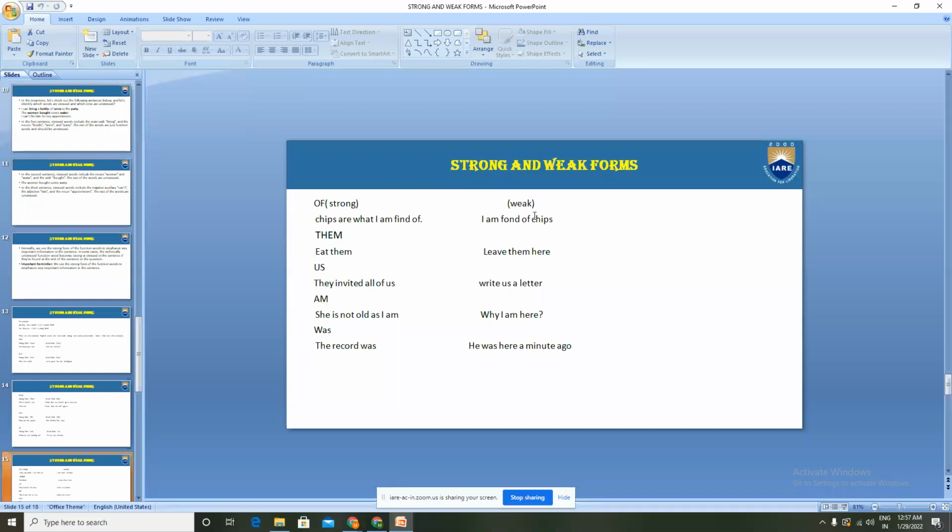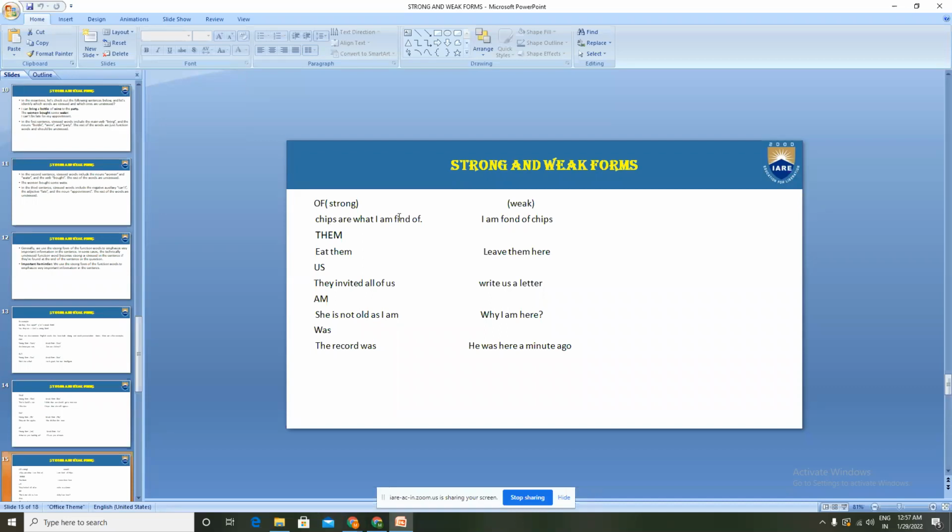Through this software, you can have more idea about all these weak and strong forms, how to pronounce them, and where we have to stress.